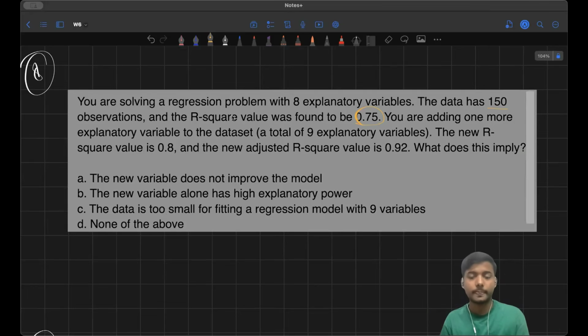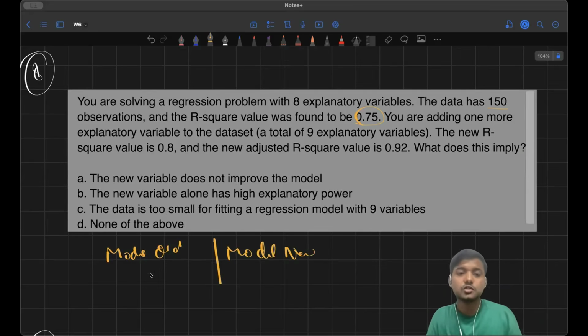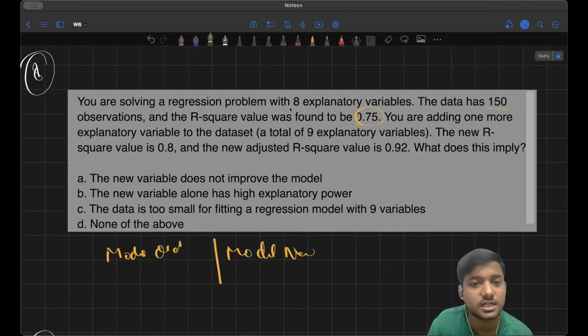What does this imply? So everyone would be thinking, right, we have two models. This is the old model and this is the new model. Okay, how do we compare? So if we had access to both adjusted R square, then we could have done so. You see this thing, they are saying solving a regression problem with 8 explanatory variables. This was the data 150 and this was the R square for the older model 0.75, right?